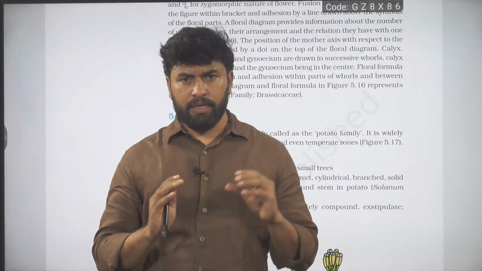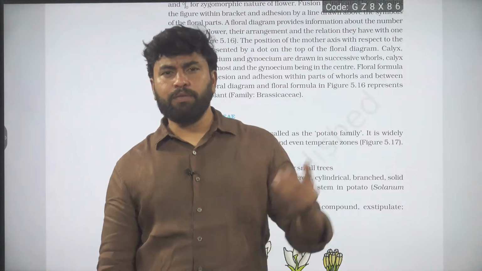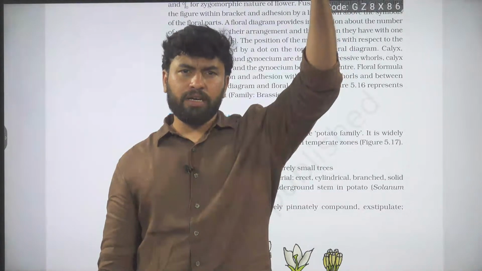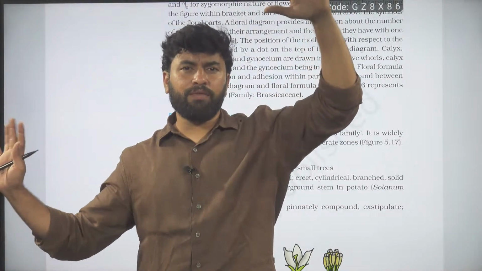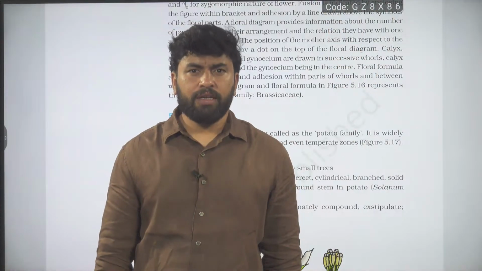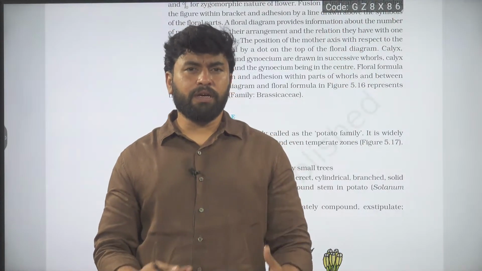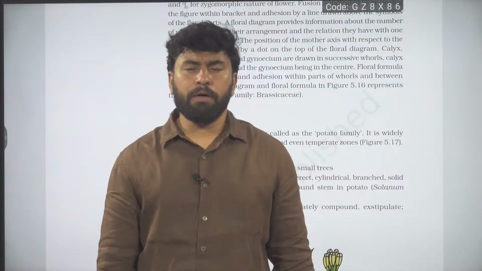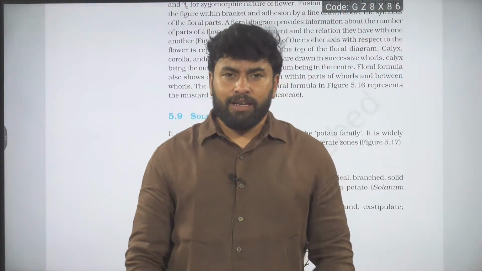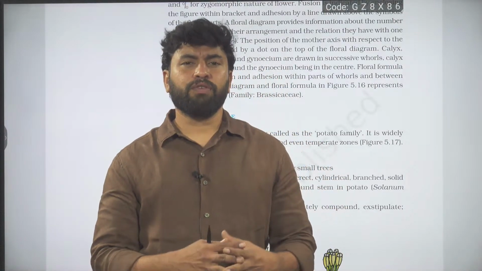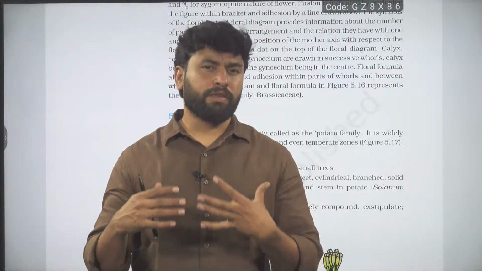But another thing. When we are talking about a family, we begin with vegetative characters and go up to the advantages present in the family, or the plants which are typically used by humans for their own purpose from this family. If you try to memorize this much description by heart, there will be a lot of confusion.